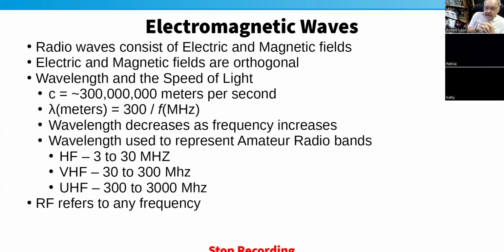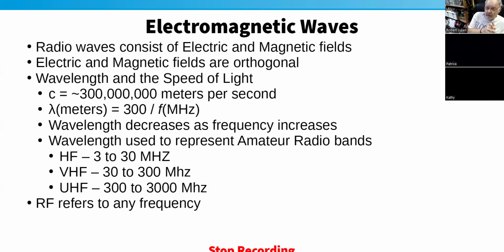I mentioned the upside down Y, which is a Greek lambda symbol, which we use to represent wavelength. We also refer to wavelength for the different amateur radio bands. Instead of talking about specific frequencies, like 3 to 30 for HF and 30 to 300 VHF, 300 to 3000 for UHF, and all those go up by factors of 10.